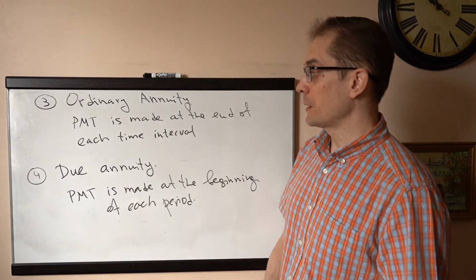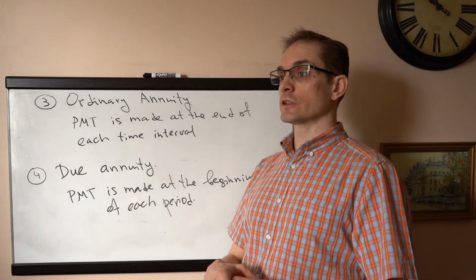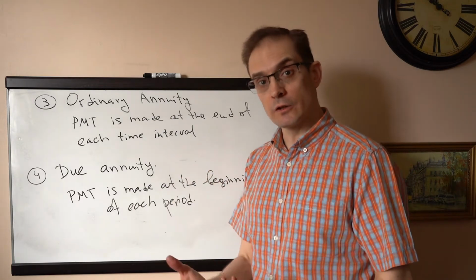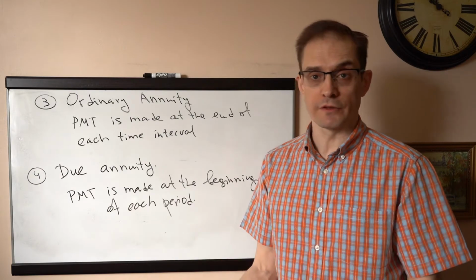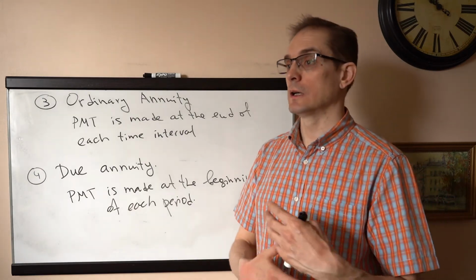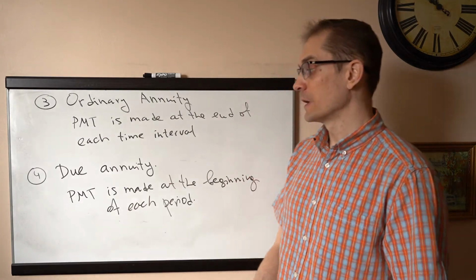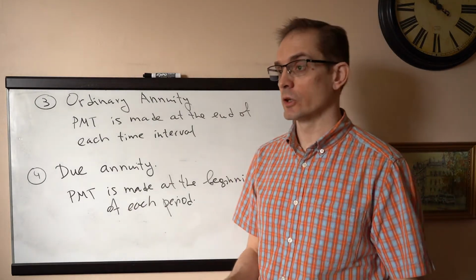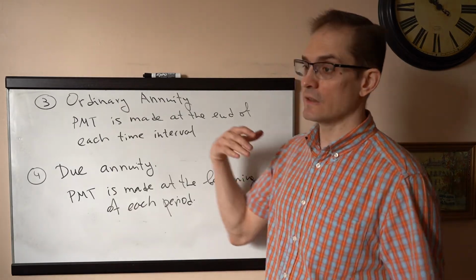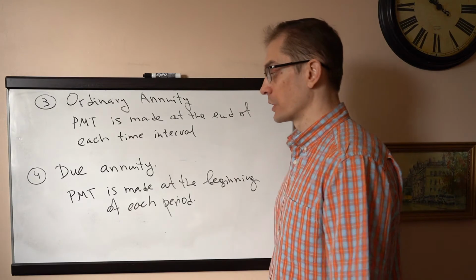Because if the payment is not made at the end of each period, it is not necessarily made at the beginning of the period. For example, the payment could be made in the middle of the period or at some other time between the beginning and end of the period. But in our course, we are not going to consider those situations. We always will have the payment either at the end of the period or at the beginning of the period, so we don't need to worry about that.